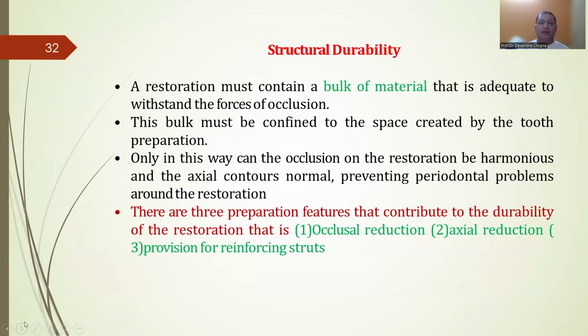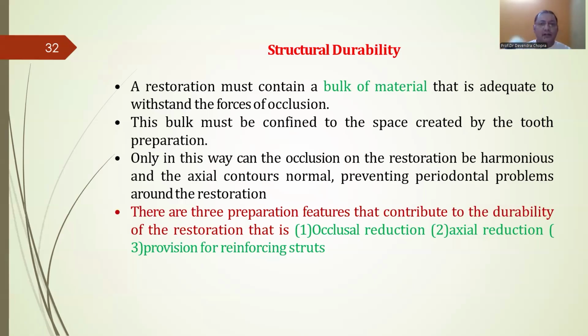Structural durability. Now, what is this structural durability? It comes when a restoration contains a bulk of material that is adequate to withstand the forces of occlusion. What does this mean? This is what I told you when I was going over the principles of the preparation. How do you achieve structural durability? Whenever you are using PFM restorations or veneering porcelain restorations, there has to be an apt amount of occlusal clearance.